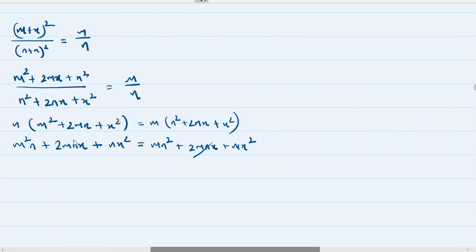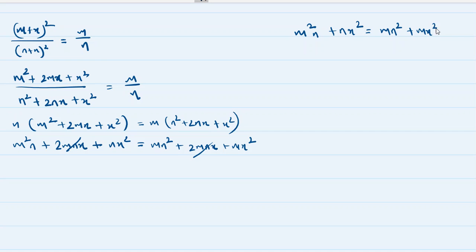Two mnx will cut from both the sides and will be left with m square n plus nx square is equal to mn square plus mx square.